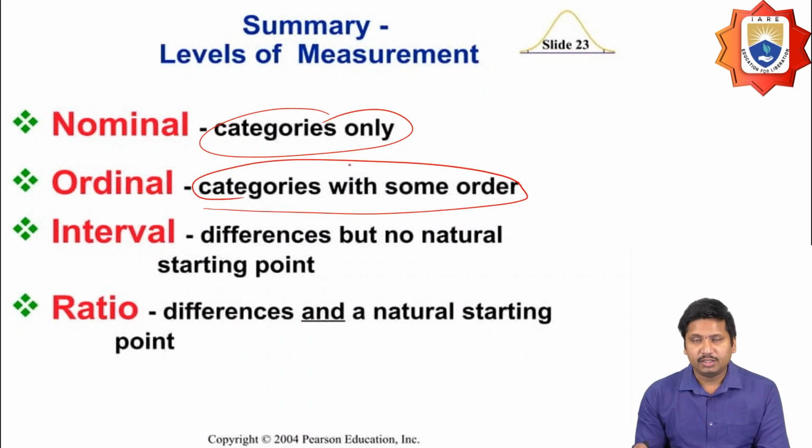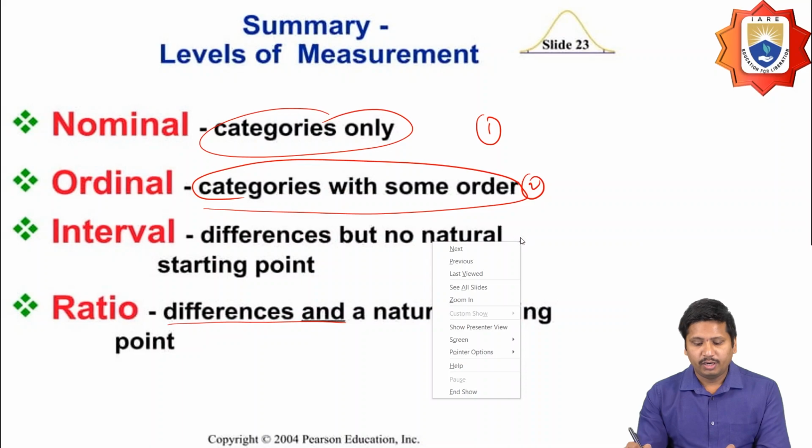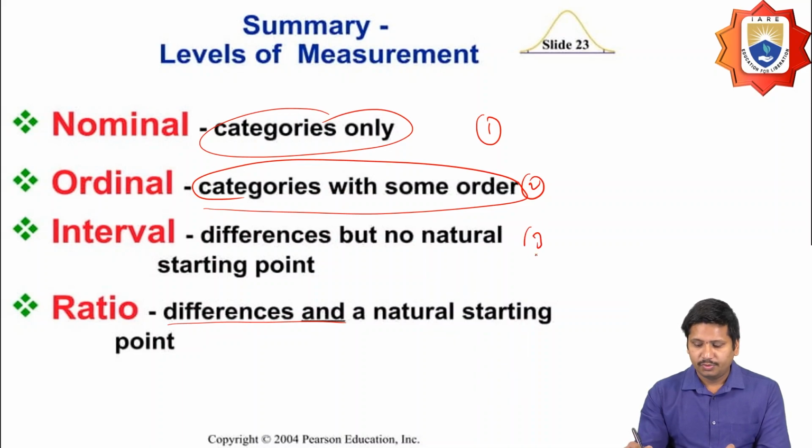Interval is where we can make differences but there is no natural starting point. Ratio scale is where we can make differences between differences and there is a natural starting point. So the levels of measurement are nominal, ordinal, interval, and ratio scale.